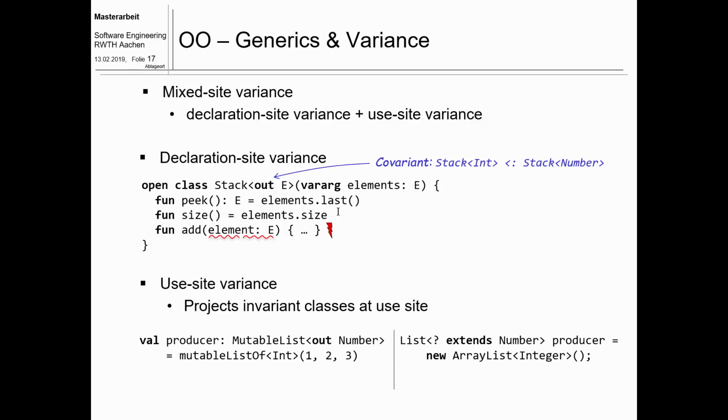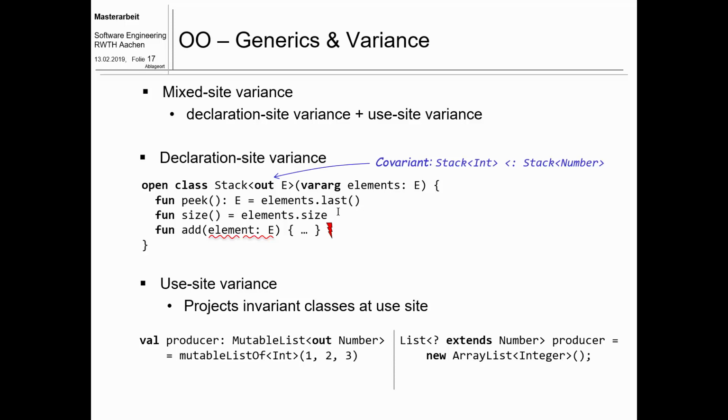And you can do the same thing in Kotlin. You could say mutable list of out number, and you can then assign a mutable list of int. Now in both cases, these assignments would fail without the out modifier or without using a wildcard in Java. So use site variance must also be used in Kotlin whenever declaration site variance doesn't work, basically.